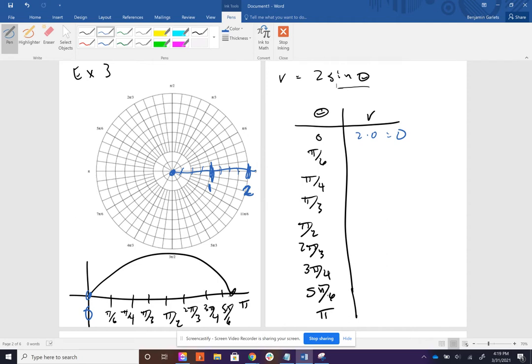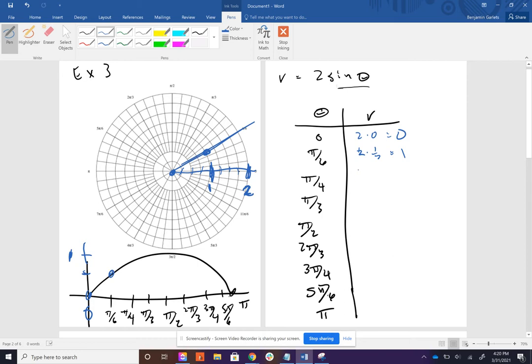because that's our amplitude. So sine of pi over 6, sine of 30 degrees, is going to be 1/2. So 2 times 1/2 is going to be 1. So when we come out here to pi over 6, we're going to have this value of 1 right there.